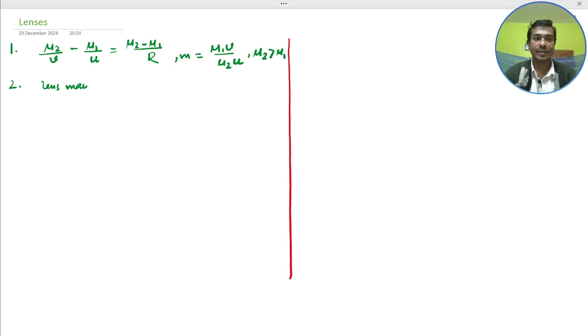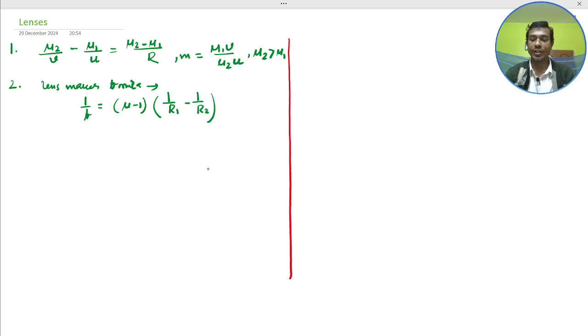The lens maker's formula: 1 by f is equal to (mu minus 1) times (1 by r1 minus 1 by r2). This is called the lens maker's formula, and the lens formula is 1 by v minus 1 by u equal to 1 by f.